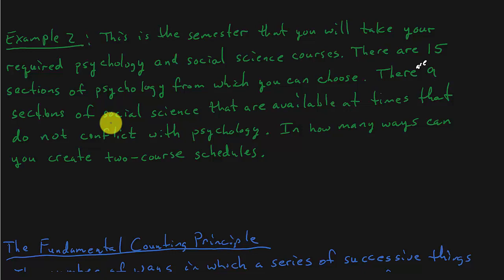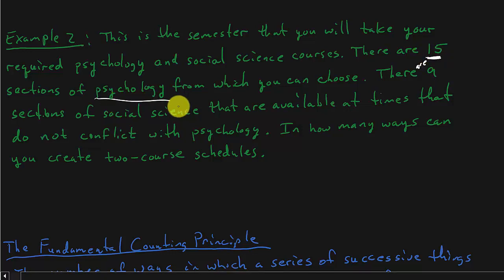So we've got 15 choices for the psychology class, offered at 15 sections, and we have 9 sections of social science. So we've got 15, the number of psychology courses we can choose from, times 9, the number of social science courses.